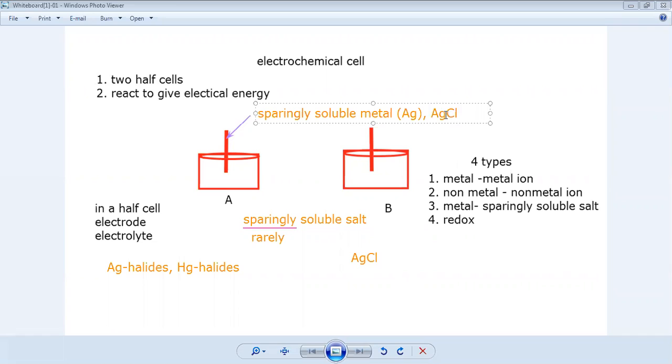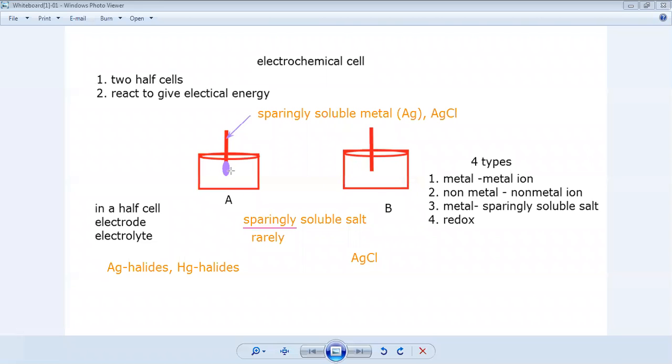The metal which is there in the sparingly soluble salt is Ag, silver. So there will be a silver rod. On the silver rod, what is going to happen? There will be a coating of the sparingly soluble salt, AgCl. So see, you can see the diagram.